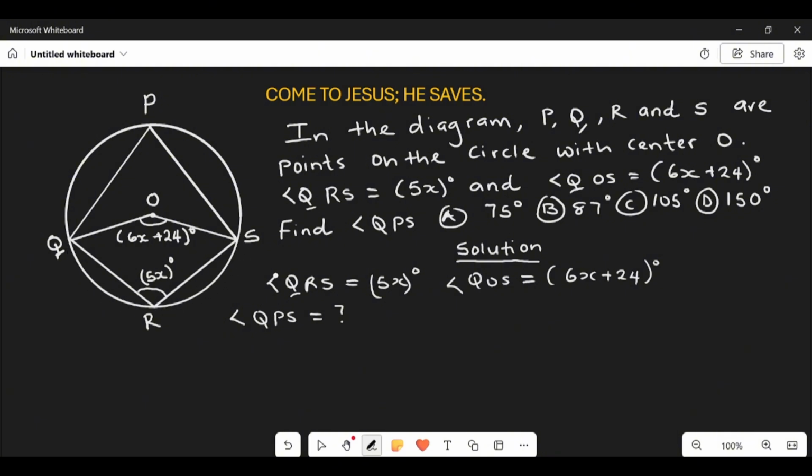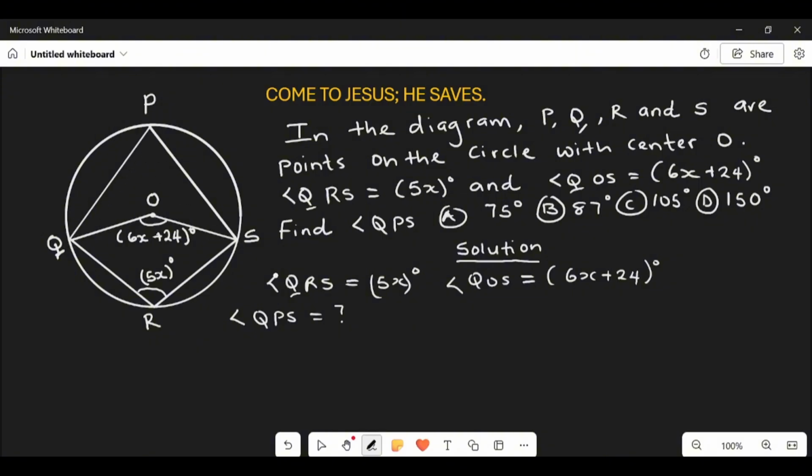And according to the center angle theorem, which says the angle at the center is twice the angle at the circumference standing on the same arc, our angle QOX is equal to 2 multiplied by angle QPX.